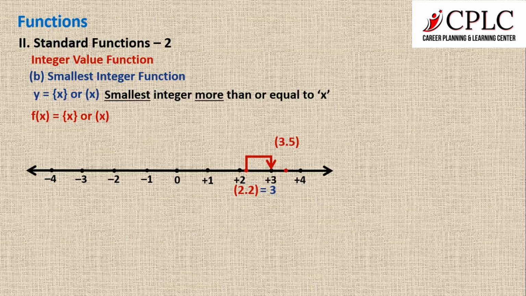Same applies for the other ones as well. 3.5 ka smallest integer is 4. More than or equal to 3.5 is +4. So in simple words, this basically means you have to go on the right side of the number line, whichever is the first integer, you are going to mark. For -3.5, it will be -3.